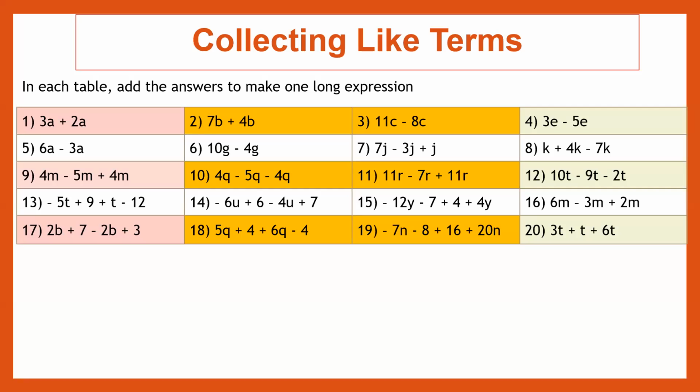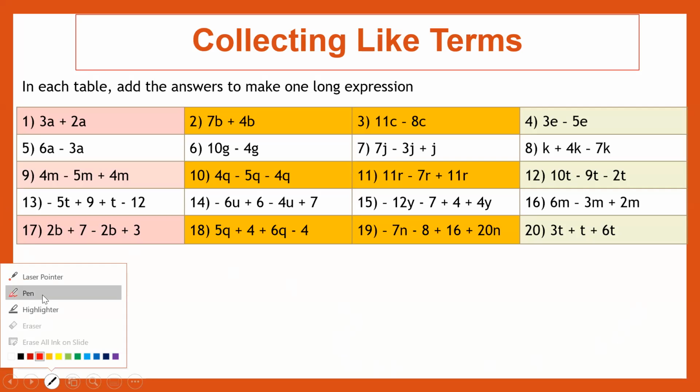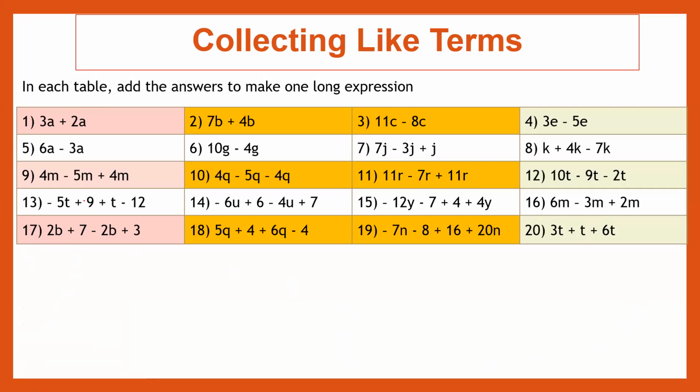Now we have here a group of examples that makes us understand how to collect like terms. Let's look at each one of them, one at a time, and check if we do understand the meaning or not. What do we mean by like terms? Now, when I say 3a and 2a, these terms are like terms.